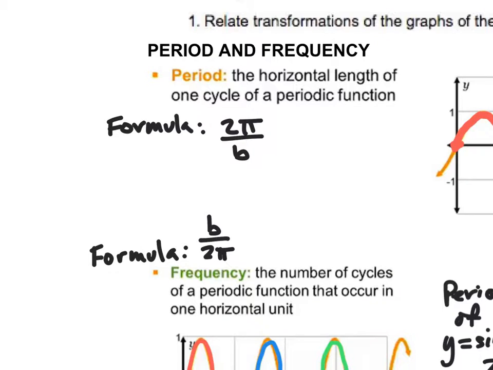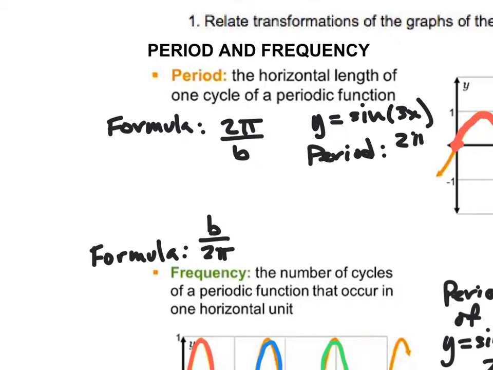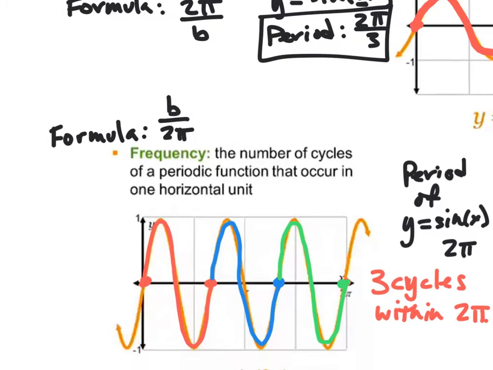Okay, so if we're talking about y equals sine of 3x, our formula for period to identify the period here, we're going to take 2 pi over 3, because our b value is 3, and that's our new period for this graph, okay?